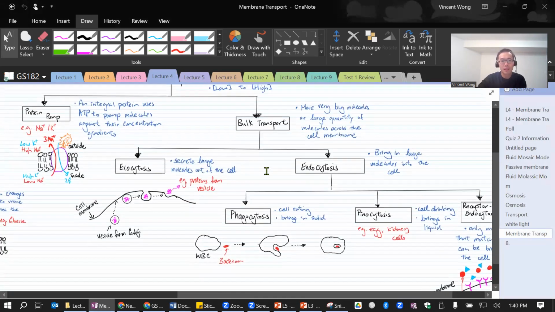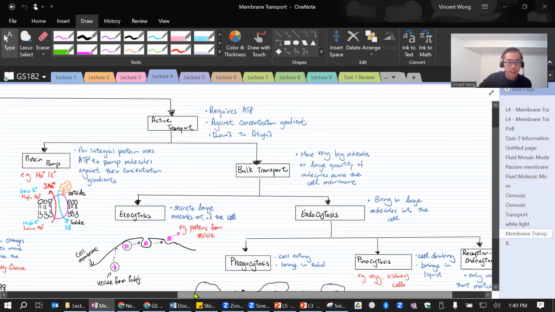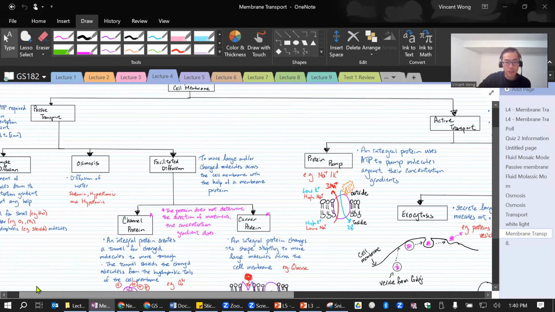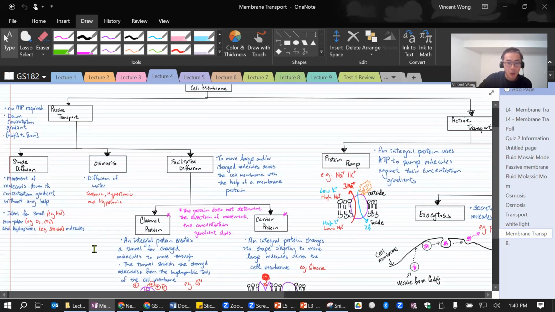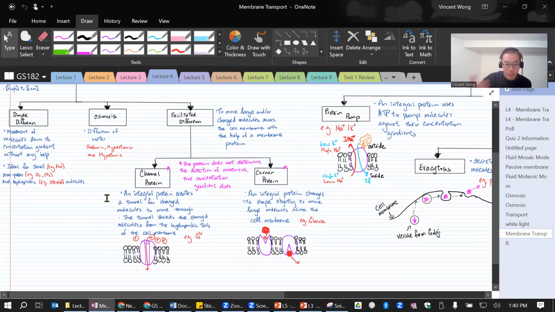We spent almost an hour writing this. It tells you about the passive transport, what molecules are transported using that method. So if something is charged, it's going to use channel protein. If something is bulky like glucose, then we're going to use carrier protein, right?